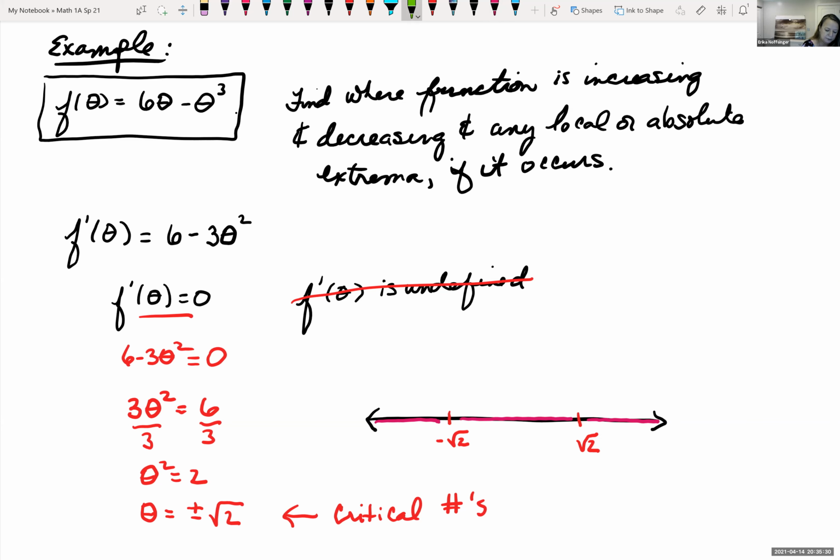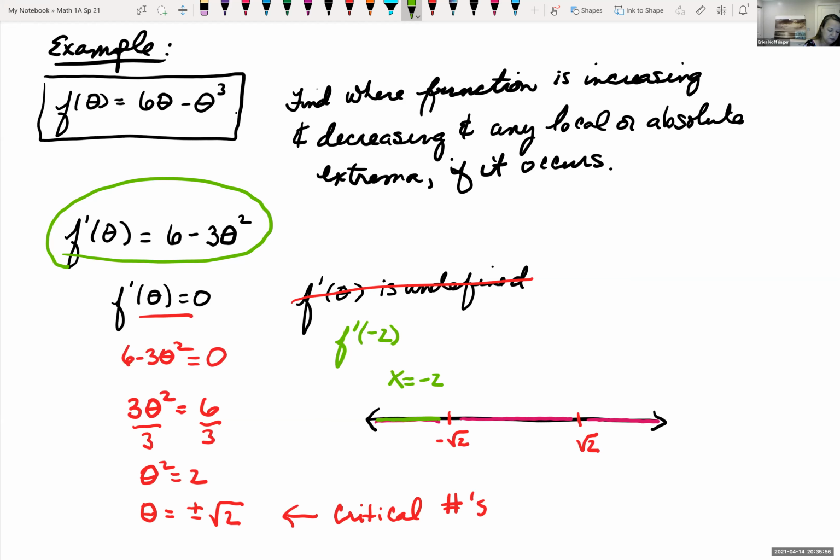So choose any number to the left of negative root 2. How about negative 2? That's smaller than negative root 2, and we want to plug that back into the derivative function. Really, we're only worried whether this is a positive or negative number. If it gets really ugly, we can always just plug it in and think, is this going to come back positive or negative?